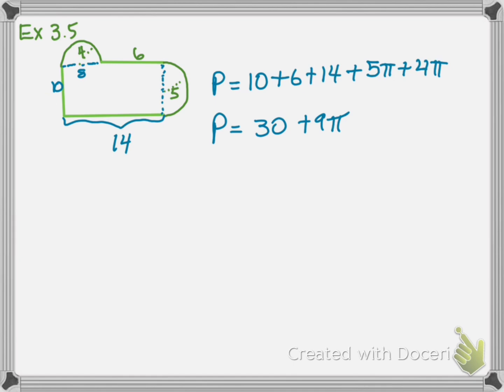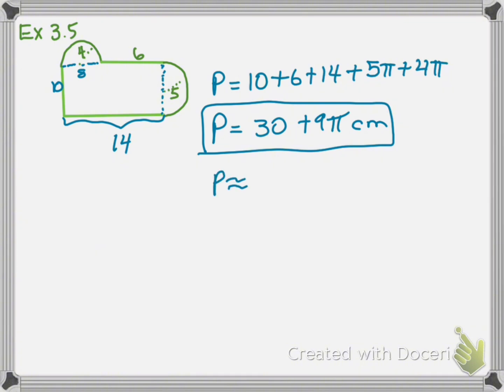Again, they don't give us the units, so let's say this is centimeters. So this would be the exact answer. Now, if we want to use the calculator and find what is 9 times 3.14, then we can add it to the 30 and find the approximate answer, which would be 58.26. And again, that would be the approximate answer.